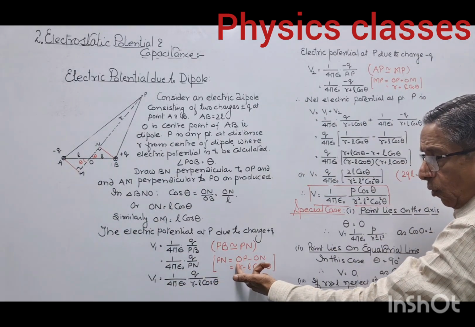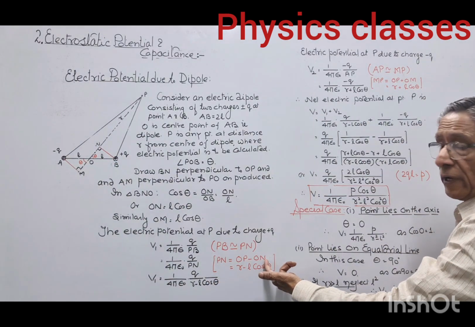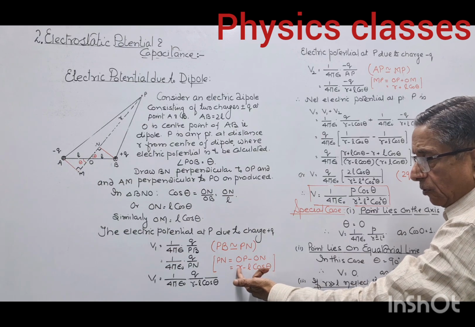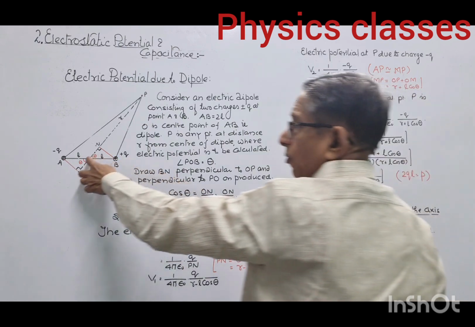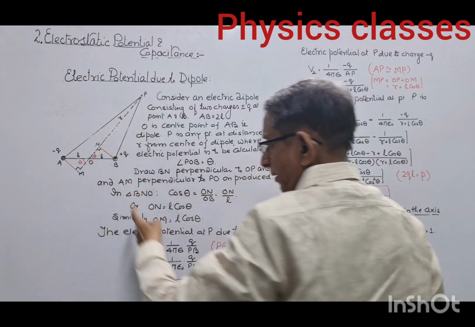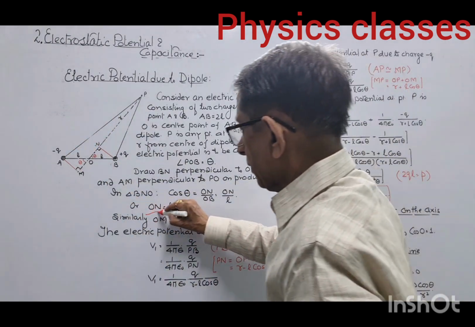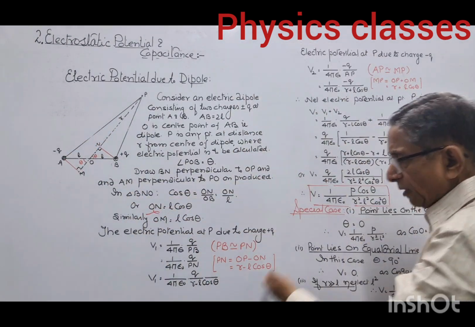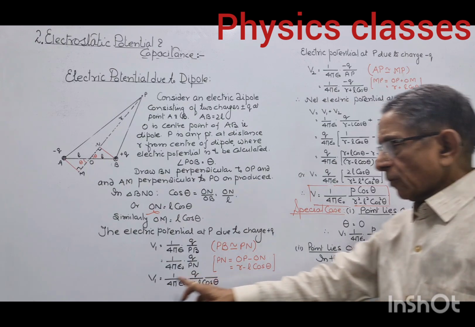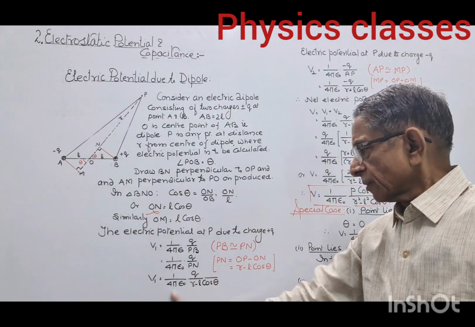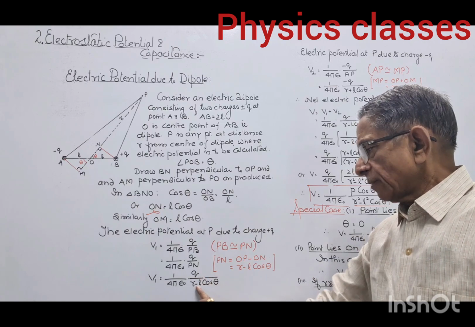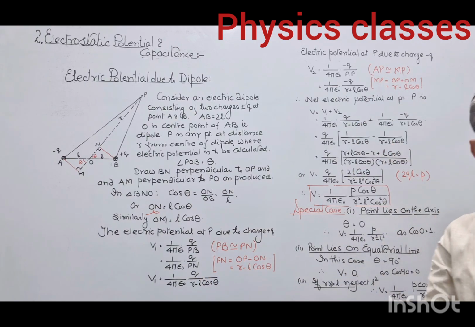PN is equal to OP minus ON is equal to r minus l cos theta. OP is r. ON you have already calculated, ON is equal to l cos theta. So it will come out V1 equal to 1 upon 4 pi epsilon naught q upon r minus l cos theta.